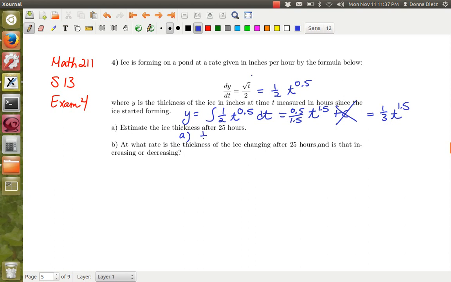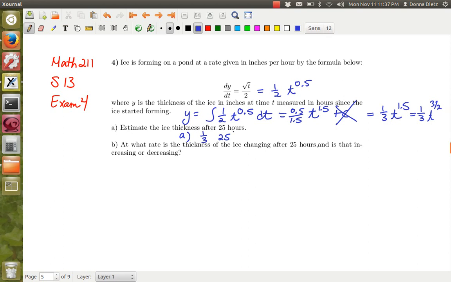So you're like, oh, what do I do to 25? Well, this exponent, let's rewrite it. 1.5 is the same as 3 over 2.